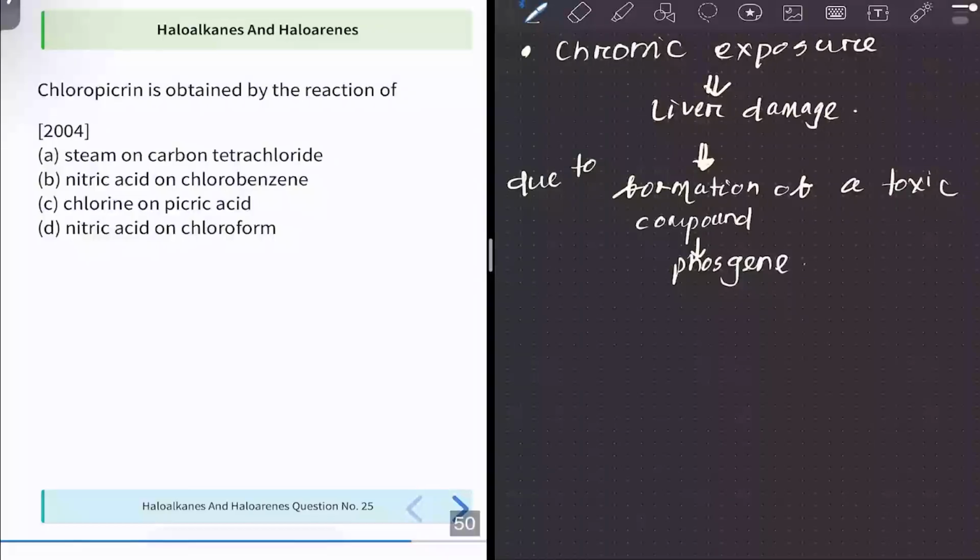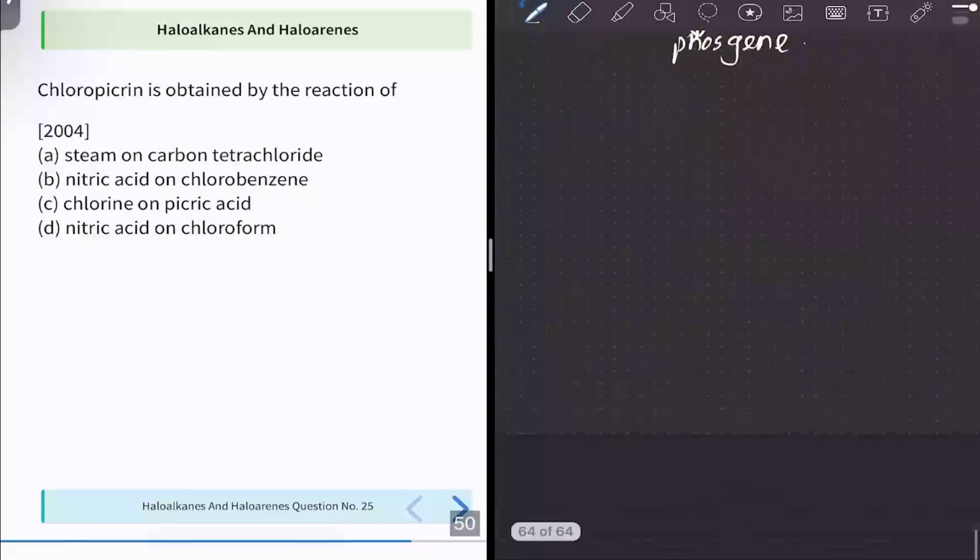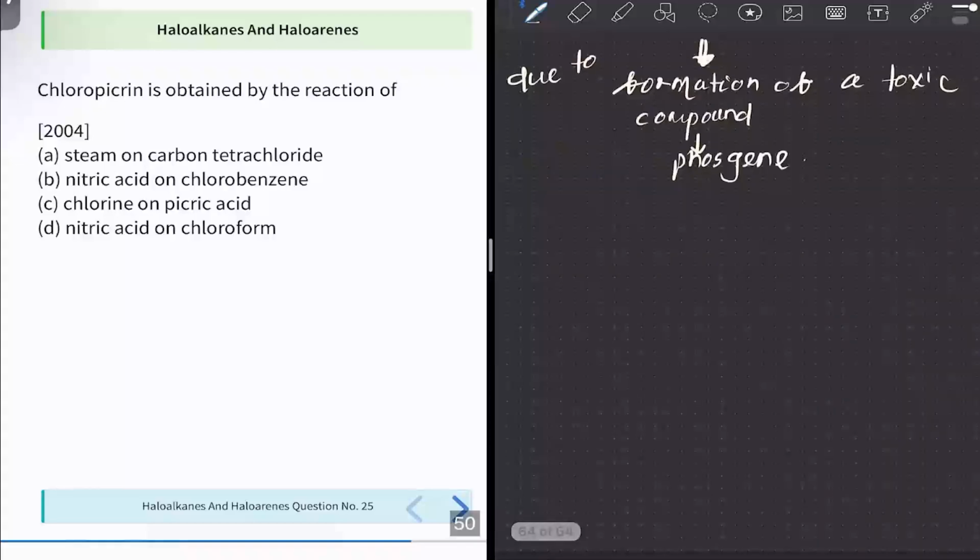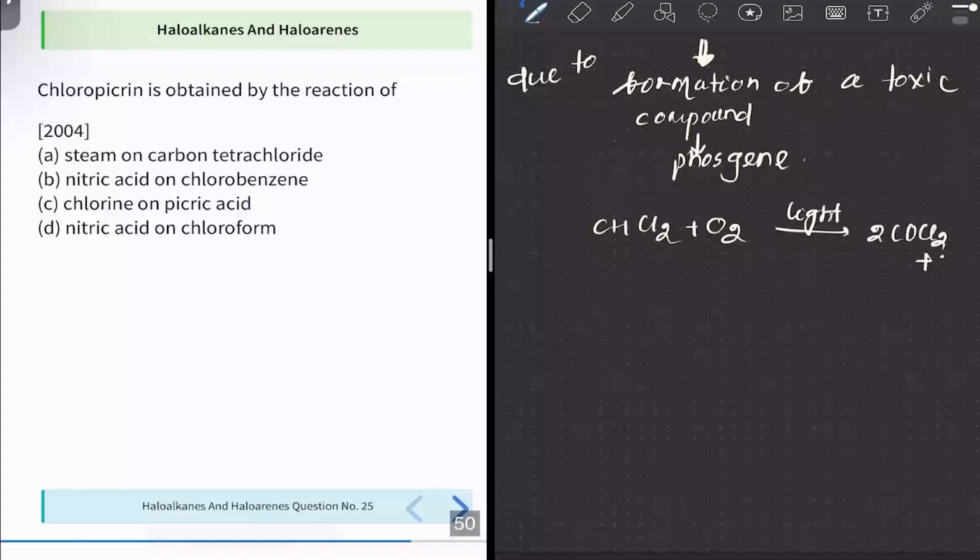Because in the liver the chloroform will be metabolized into phosgene, that is carbonyl chloride. The reaction will be CHCl3, O2, light, giving COCl2 and HCl. So this is the reaction for the formation of phosgene, the toxic compound.